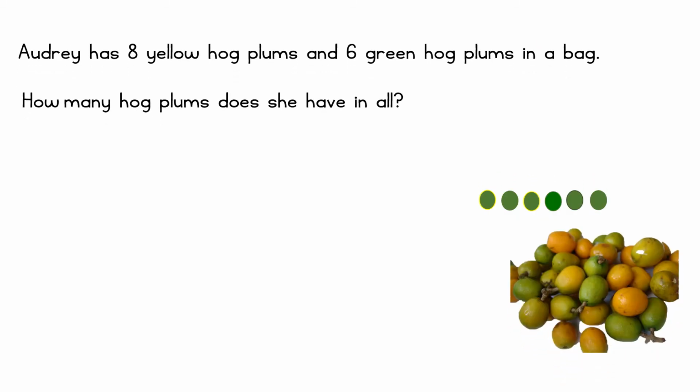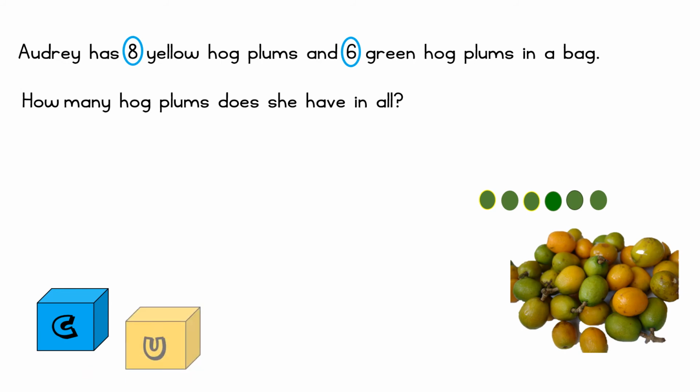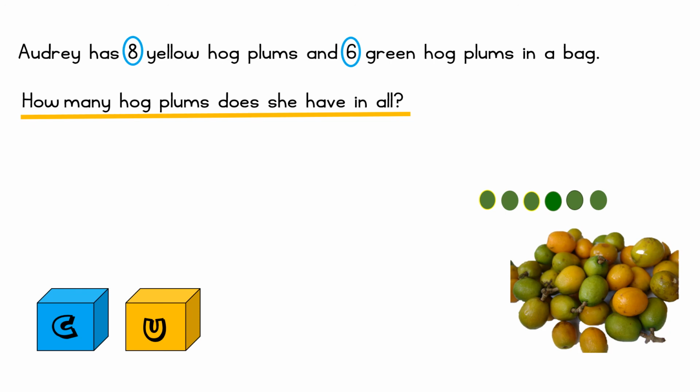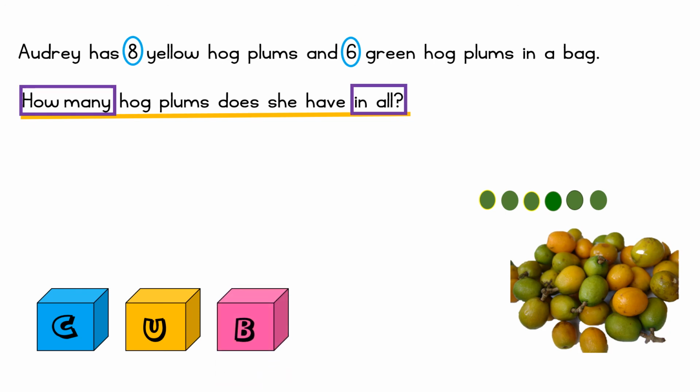Audrey has 8 yellow hog plums and 6 green hog plums in a bag. How many hog plums does she have in all? First, we will circle our important numbers. Next, we will underline the question. Then, we will box any math action clue words. Now, we are ready to evaluate the steps.